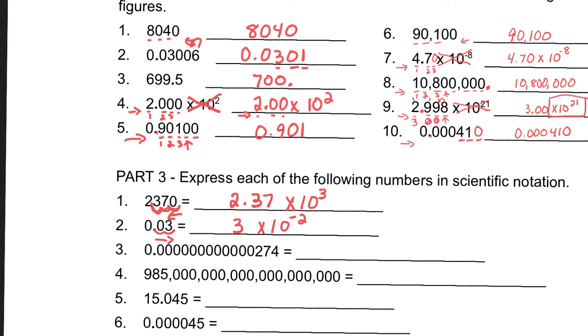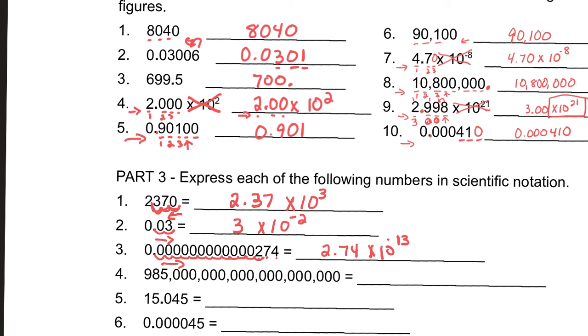Let's take a look at the next one. So decimal's here, so I have 3 significant figures, 1, 2, 3, so I'm going to need 3 in my answer. So I'm going to move it, 1, 2, 3, 4, 5, 6, 7, 8, 9, 10, 11, 12, 13. So that's going to be 2.74 times 10 to the 13th, the negative 13, because I'm moving it to the left.